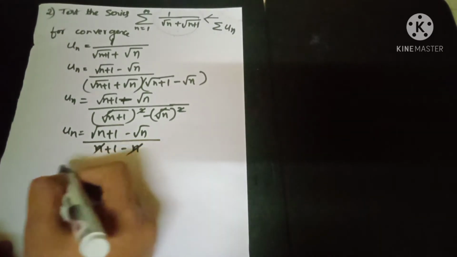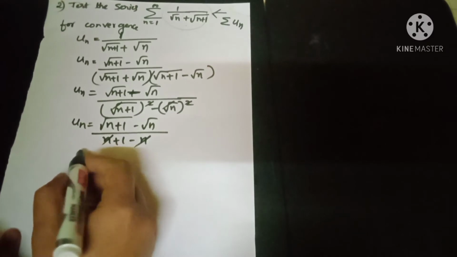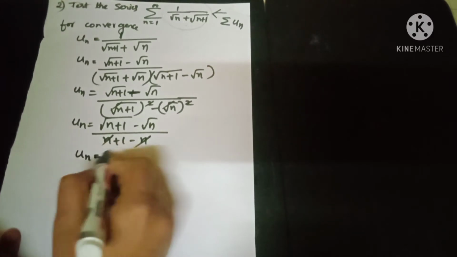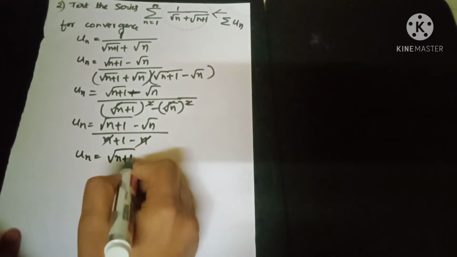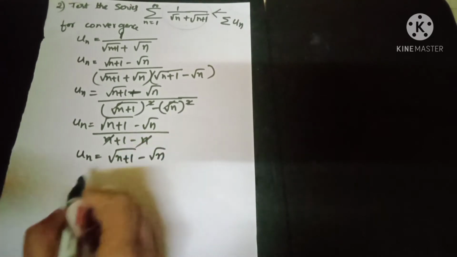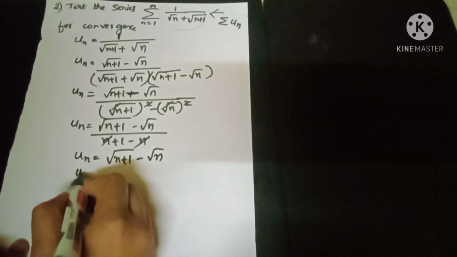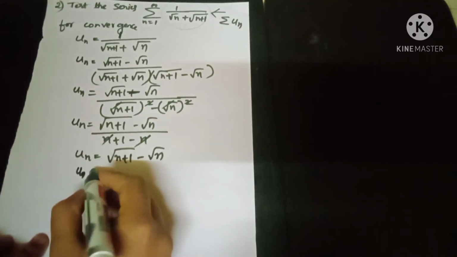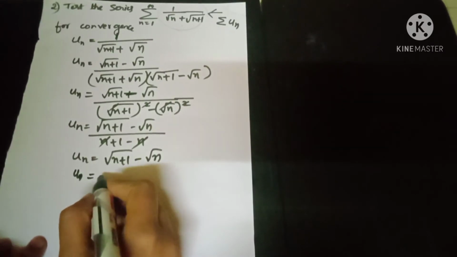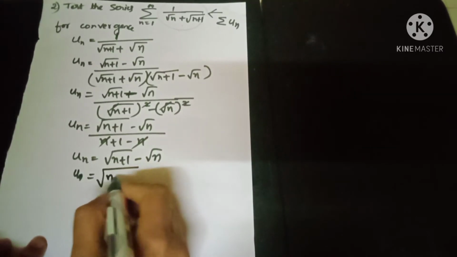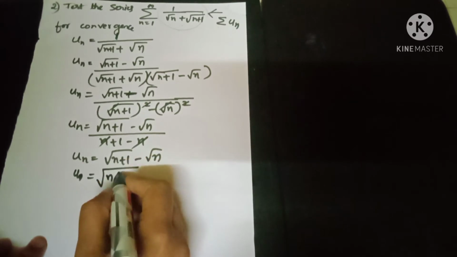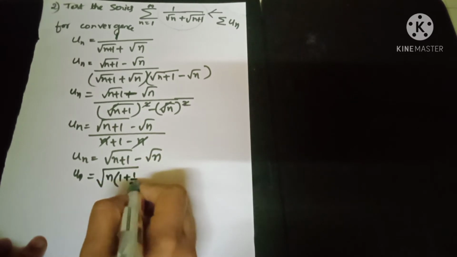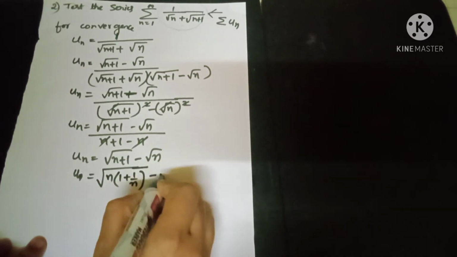Plus n and minus n get cancelled. Un will be root n plus 1 minus root n. From here also we take n outside, then we get root of 1 plus 1 by n minus root n.